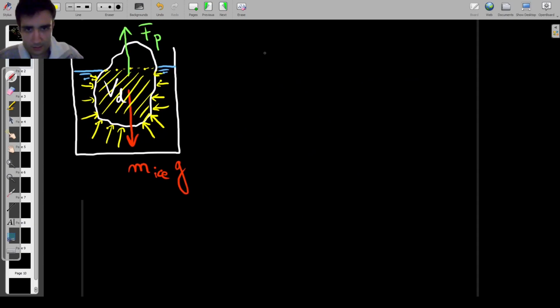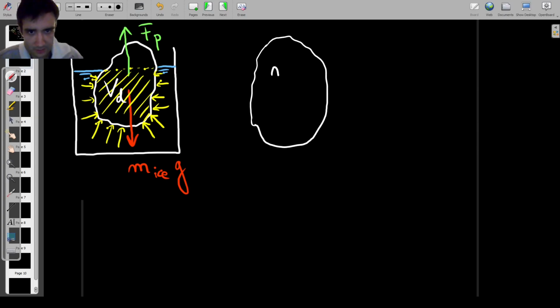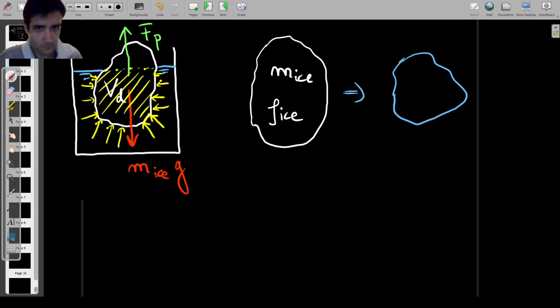and let's think about what happens to this chunk of ice. This is a piece of ice with mass m ice, and it's got a density rho ice. After it melts, its mass will stay the same, because mass cannot be created or destroyed.